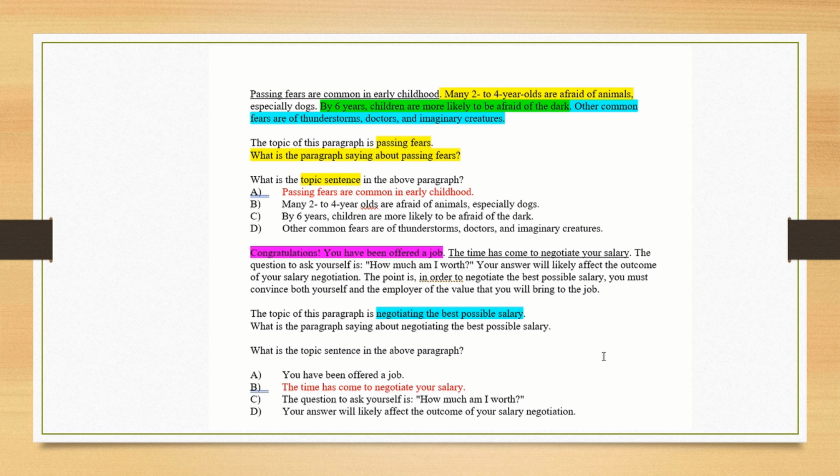These sentences introduce your topic. "Congratulations, you have been offered a job." It sets the stage, it provides an introduction, and then you're given your main idea, "The time has come to negotiate your salary," and then your supporting sentences, which provide examples on how to negotiate your salary.